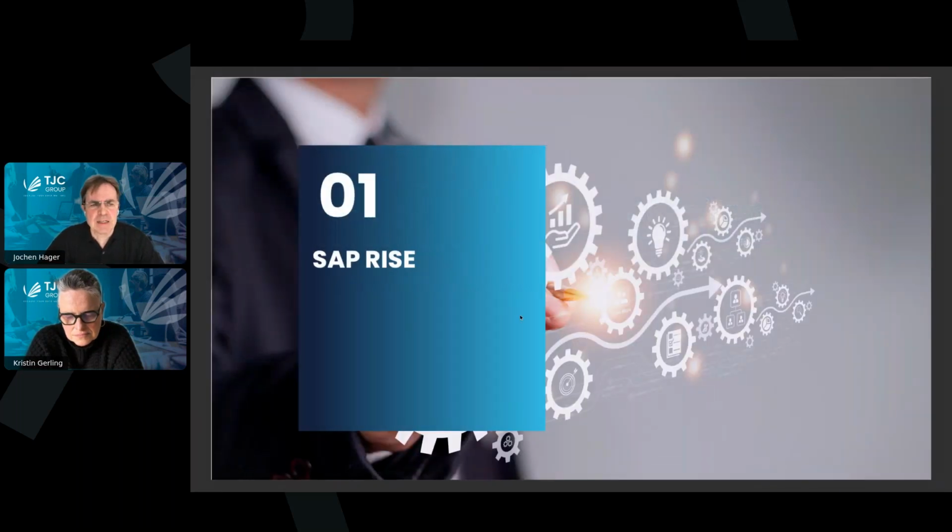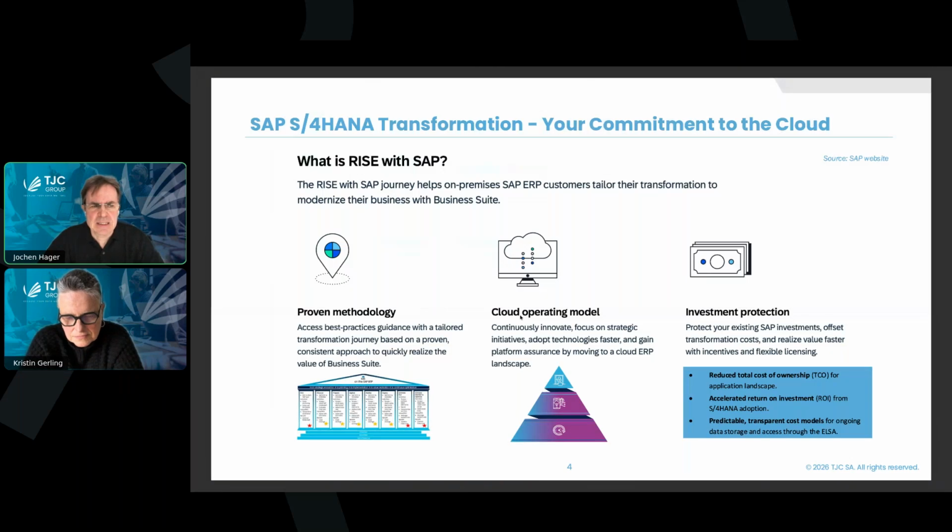In the SAP environment, companies set out in their S4HANA transformation to apply best practices using a proven methodology. It's a strategic move into the cloud as an operational model, which will improve innovation and focus on strategic initiatives. And S4HANA and the journey is all about investment protection.